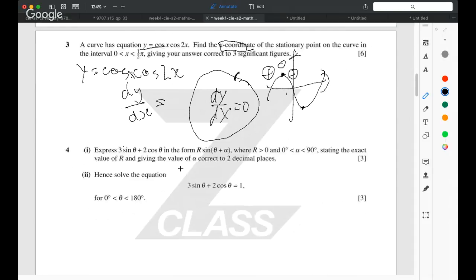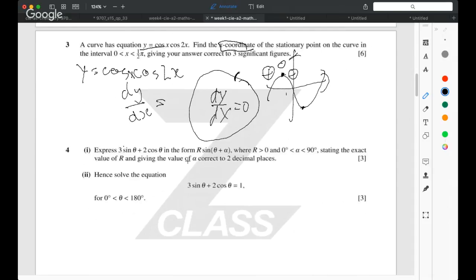So what is r times sine theta plus alpha? What is the general identity for sine theta plus alpha? How do you split the theta and alpha?